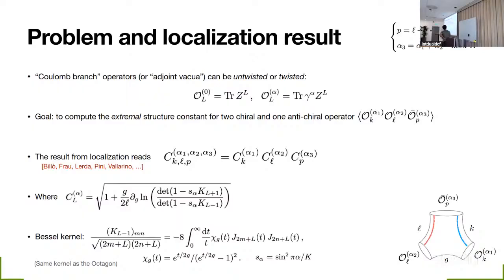Okay, so it's this property here that one of the lengths is the sum of the other two, and also these structure functions are only non-vanishing if alpha 3 is equal to alpha 1 plus alpha 2, because you need the conservation of also this number.